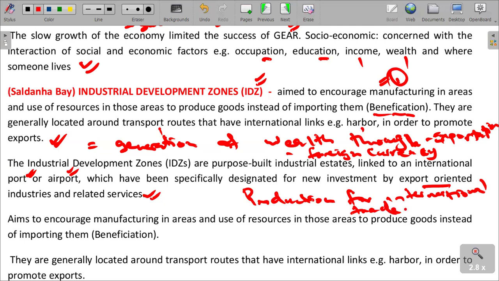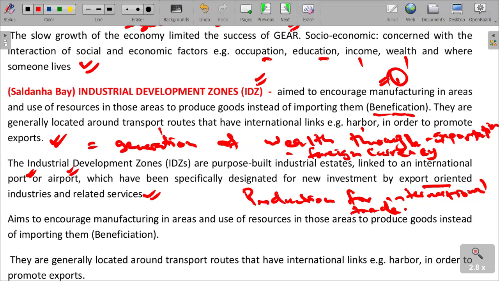That is quite a good initiative. The purpose-built industrial estates that are linked to international ports and airports are designed for new investment, focusing on export development or export business, and other related services.